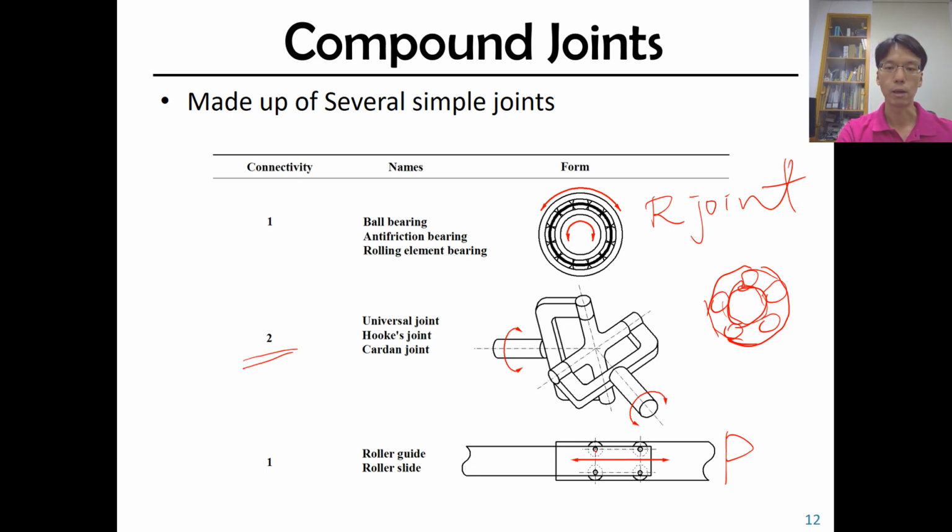But if we install some rollers here, it still works like a P-joint, but with lower friction, because now it has rollers and a smaller contact area. So those compound joints are used to mimic certain types of joints, and they can achieve better performance.